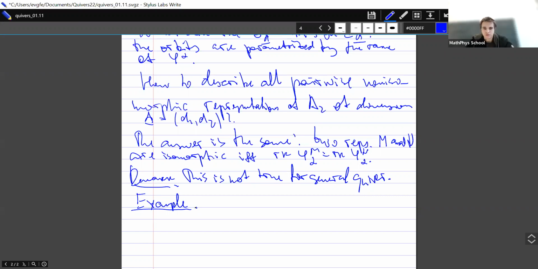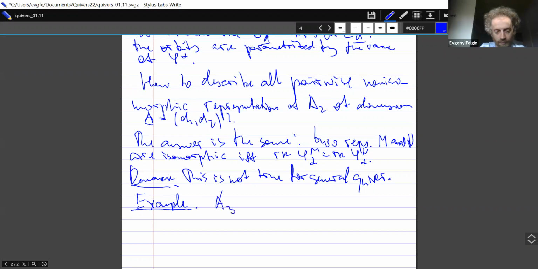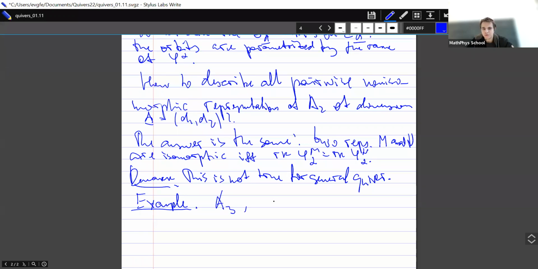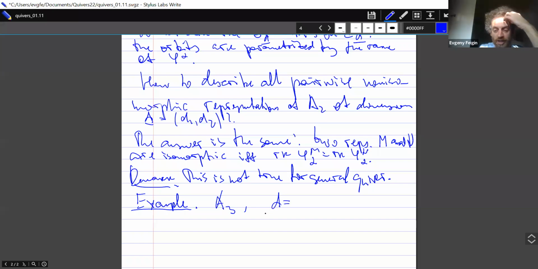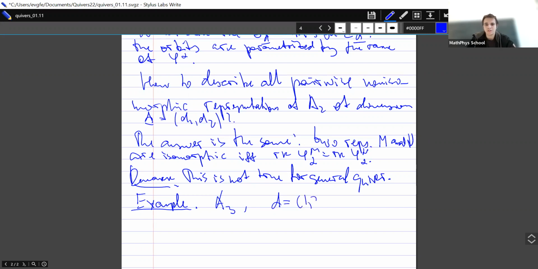Maybe we should consider A3. What is D? We can take at first some direct sum of A2, say K to K. What dimension do you want to take? 1, 1, 1, say. Okay.